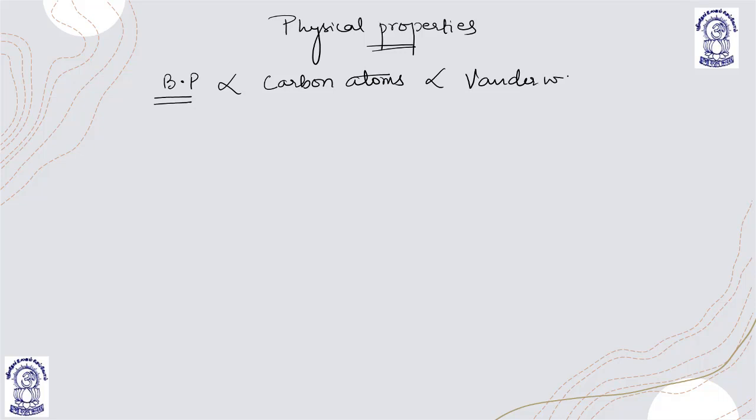Then physical properties. When we discuss physical properties, the most important is, as you know, alcohols can make hydrogen bonding. We are going to discuss their boiling points. Boiling point is directly proportional to the number of carbon atoms, the length of the carbon chain, as it will increase the van der Waals forces.